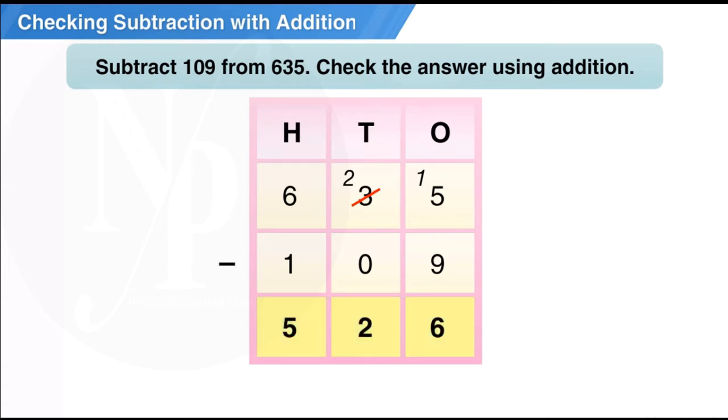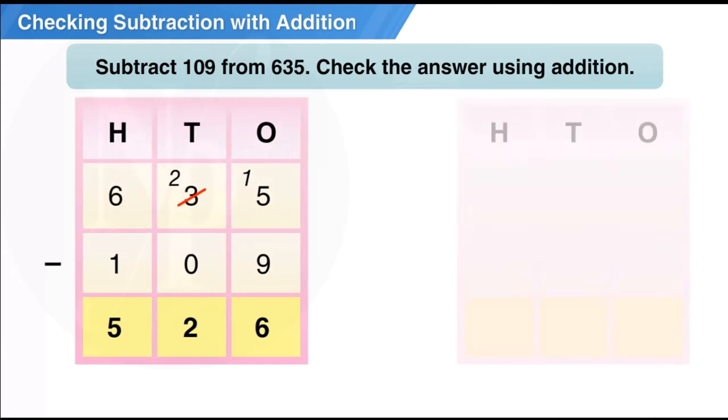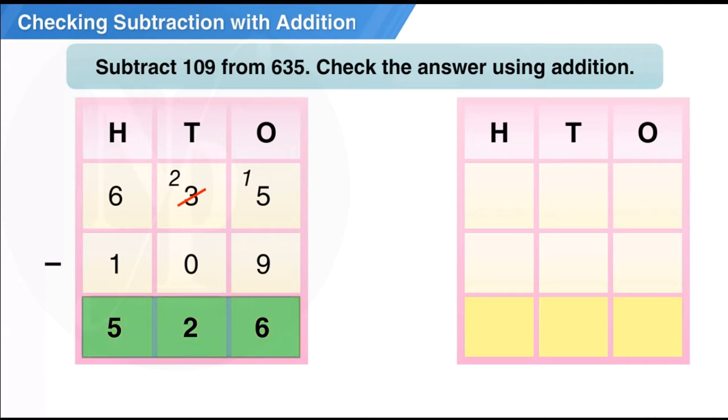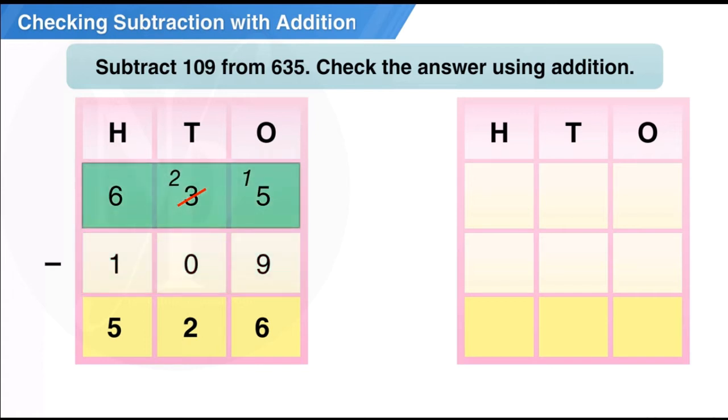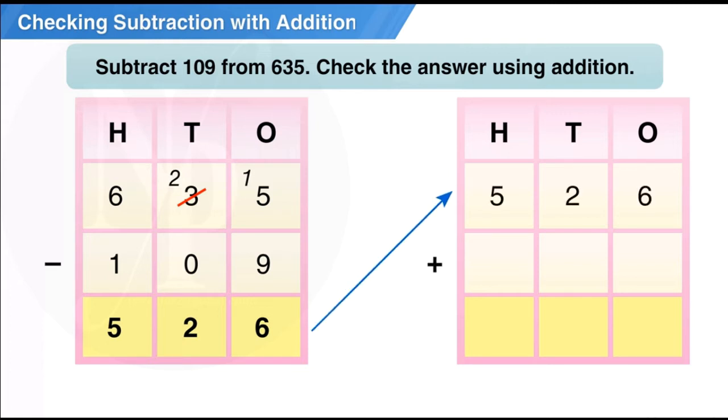But how can we check this answer using addition? As we got 526 on subtracting 109 from 635, so we should get 635 on adding 526 and 109.